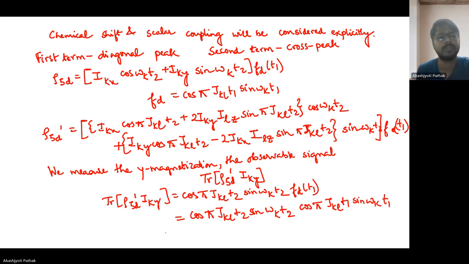Okay. So explicitly, all in all, what you can write here is trace of this one, 5D dash IKY.